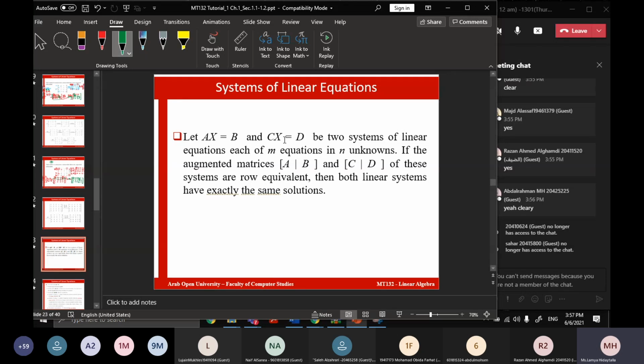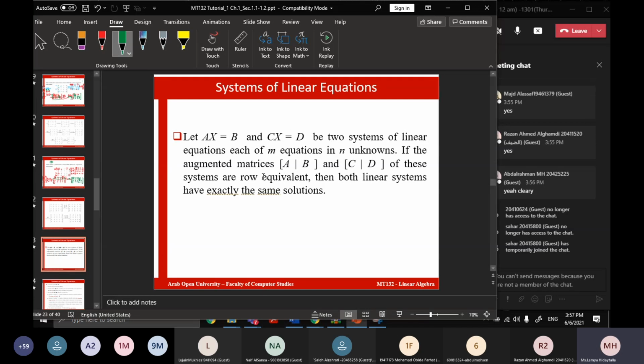Let Ax = b and Cx = d be two systems of linear equations, each of m equations in n unknowns, so of course the same number of rows and columns. If the augmented matrices of these two are row equivalent, that means you did only row operations, then both linear systems have exactly the same solution.